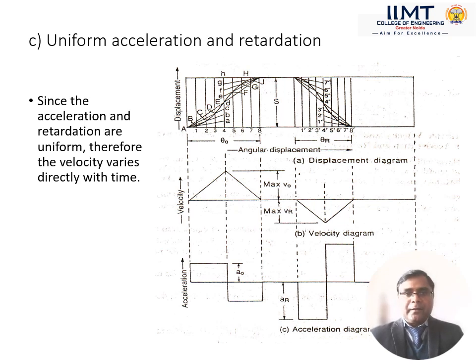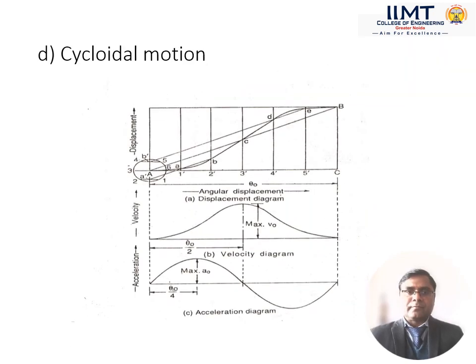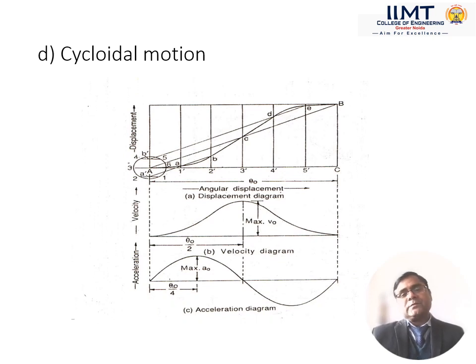So points are marked on the first, second, and third diagonal line and vertical line, and the curve is drawn in this way. Cycloidal motion is basically a very smooth curve, and you can use such a type of motion curve in high speed type of cam.